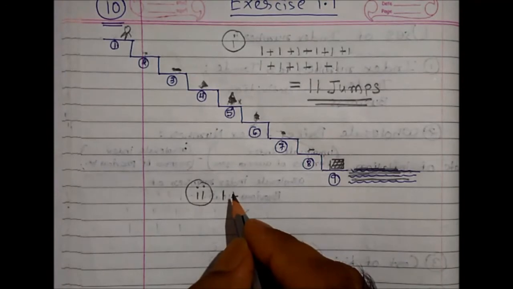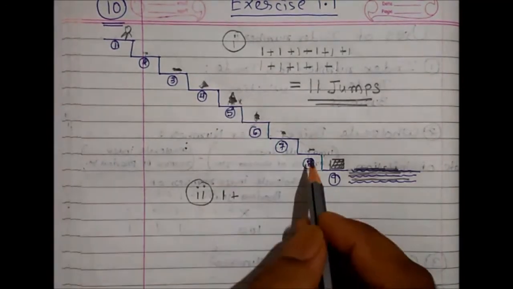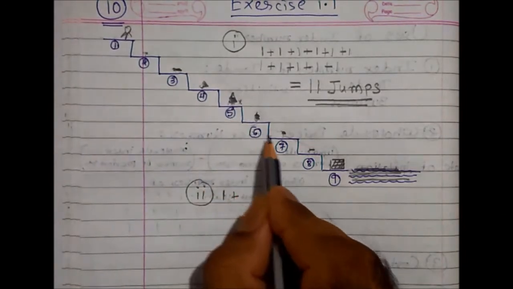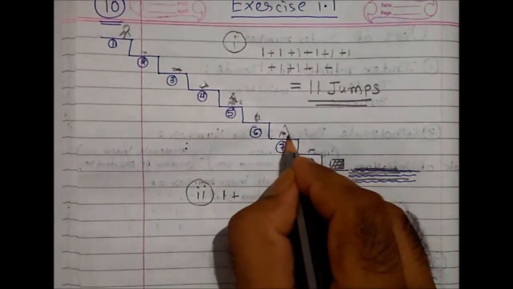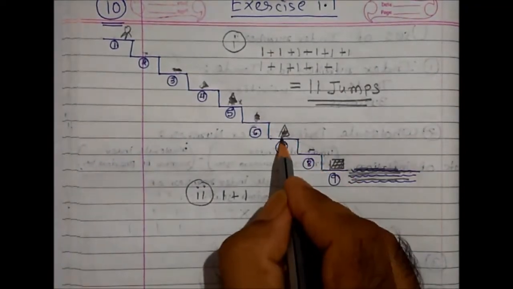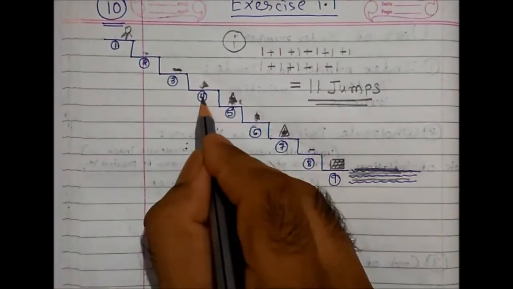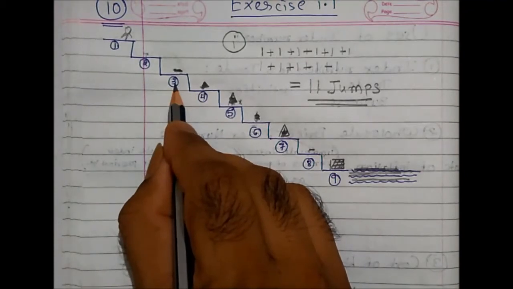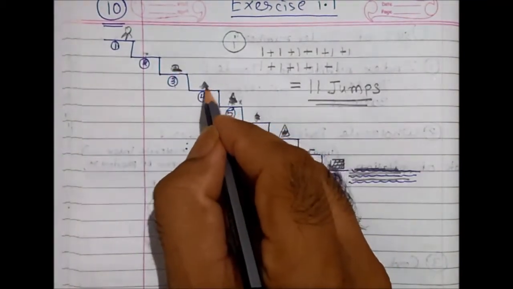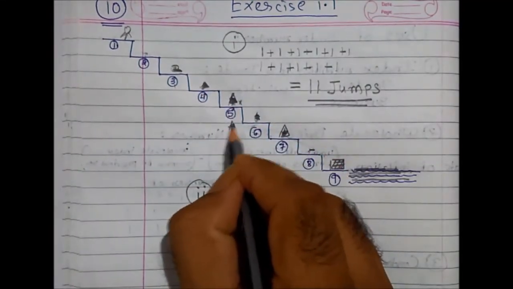But again he goes 2 steps down, 1, 2. Now 4 steps up, 1, 2, 3, 4. Then 2 steps down, 1, 2.